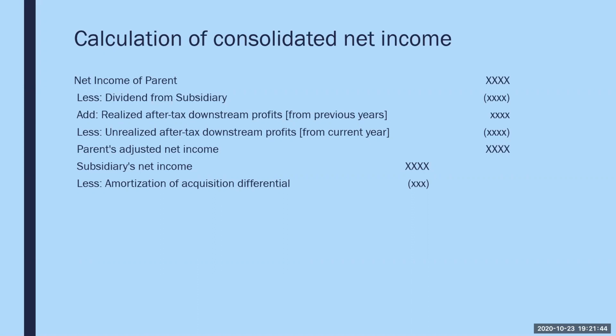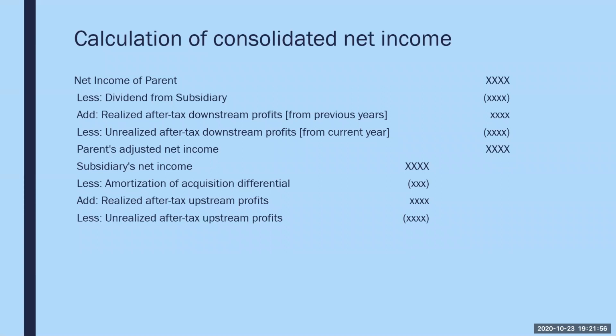So the amount relating to the current year is taken out from the subsidiary's net income, and you add the realized after-tax upstream profits and subtract the unrealized after-tax upstream profits, and we get the subsidiary's adjusted net income. So the subsidiary's adjusted net income plus the parent's adjusted net income gives us consolidated net income.